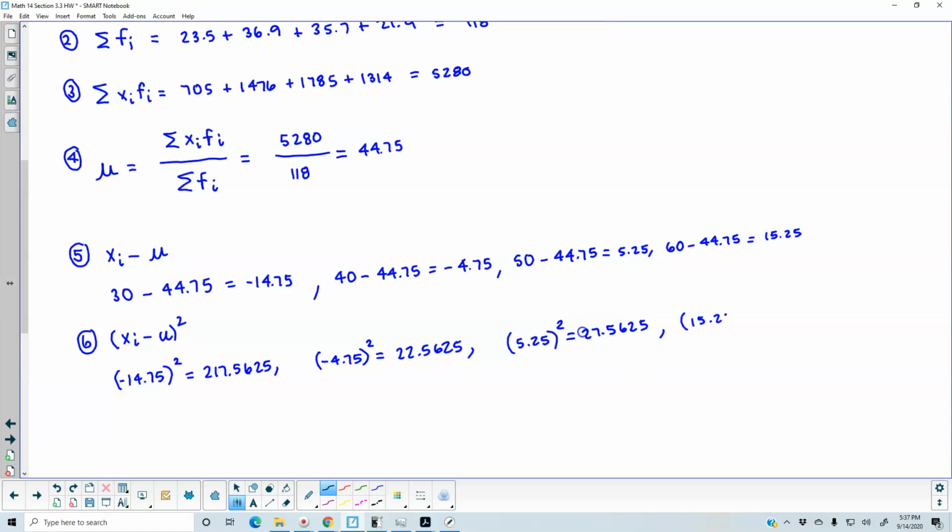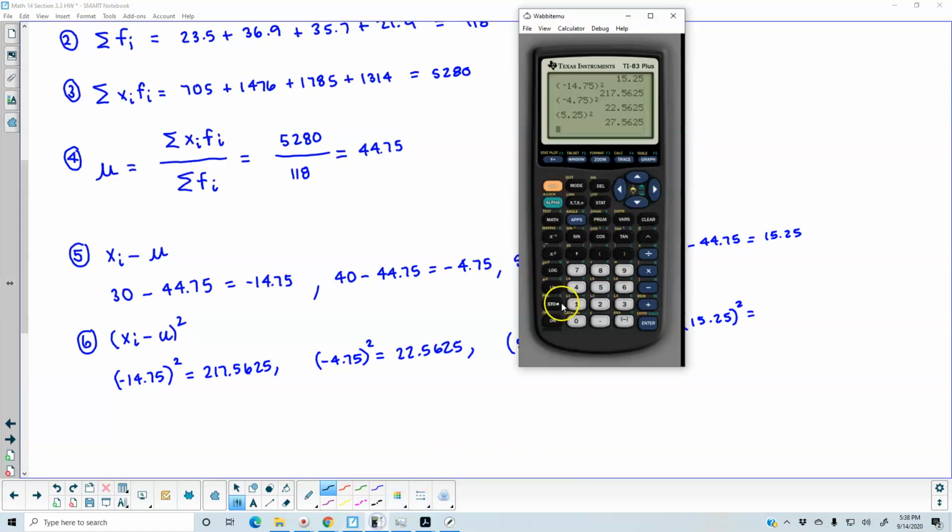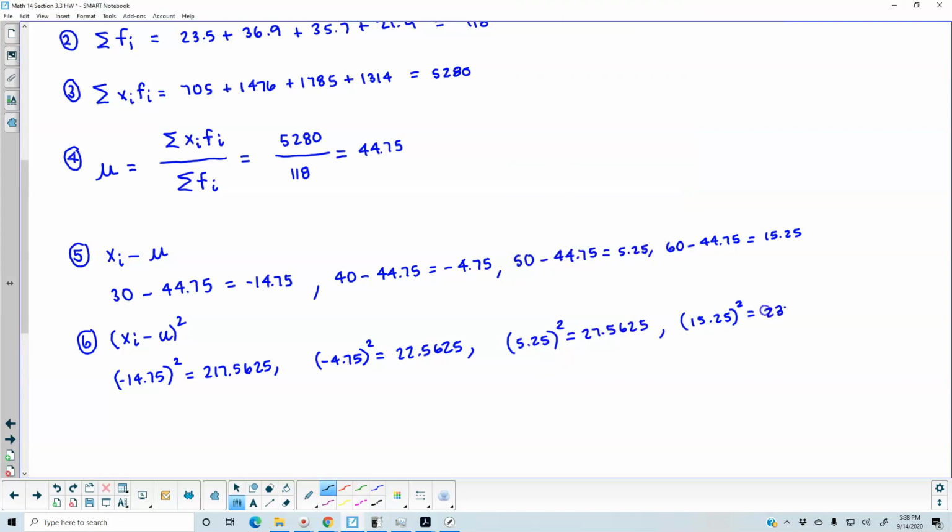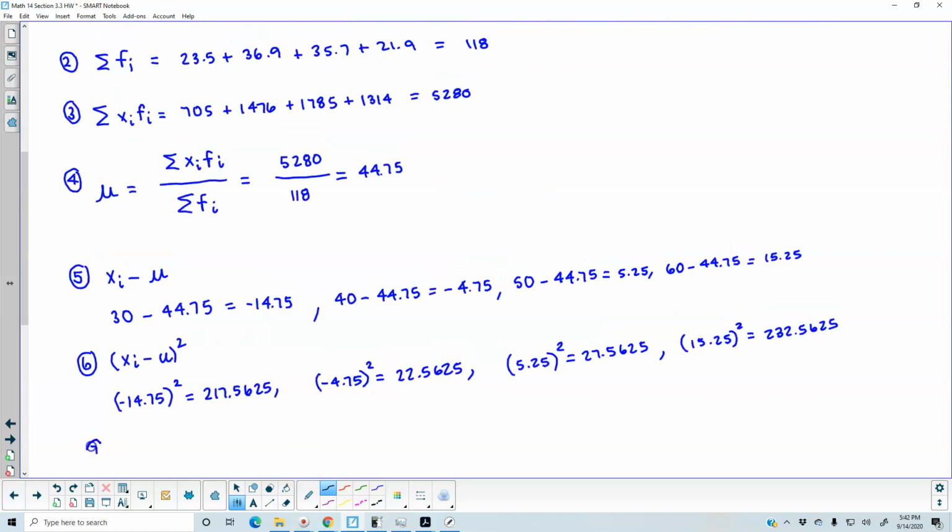And then 15.25 squared gives us 232.5625. So now what we're going to do is take what we squared and multiply it by the frequency.